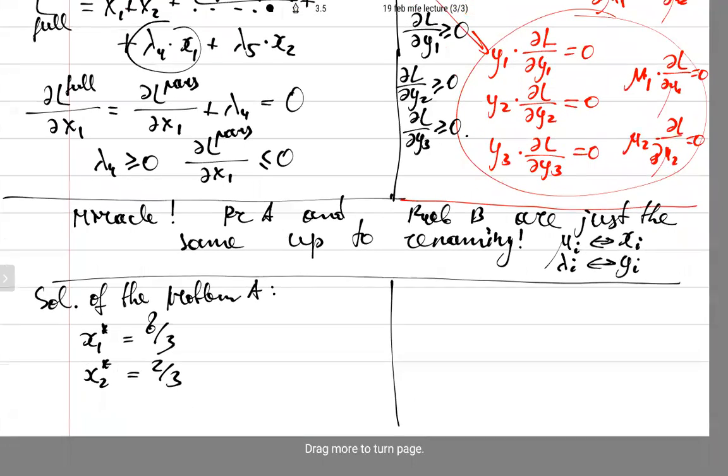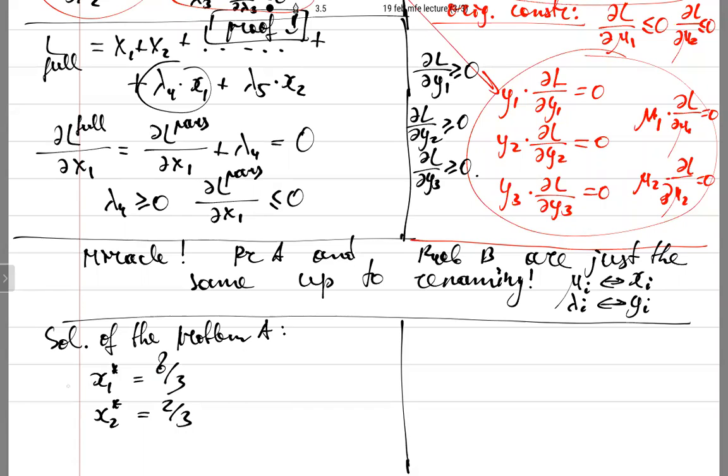Okay, but these are original variables in problem A, and these are Lagrangian multipliers in problem B. They are original variables for problem A, but they are Lagrange multipliers for problem B.